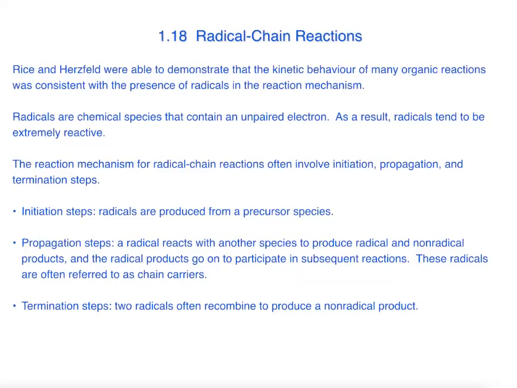In propagation steps, a radical reacts with another species to produce radical and non-radical products, and the radical products go on to participate in subsequent reactions. These radicals are often referred to as chain carriers. And finally, termination steps. This is when two radicals recombine to produce a non-radical product.